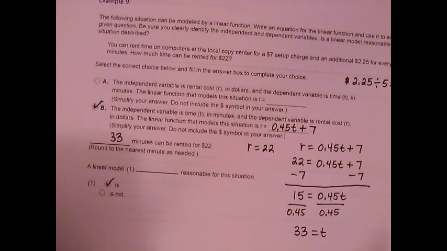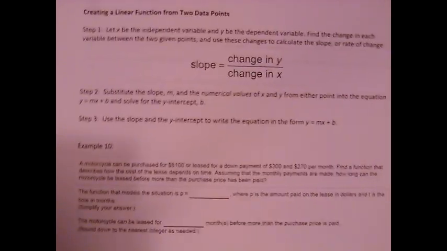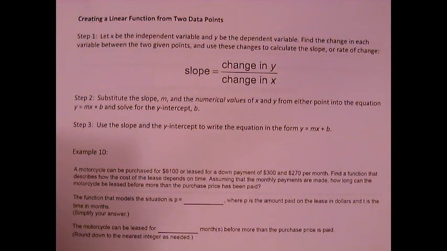Okay. Next we'll look at creating a linear function from 2 data points. In step number 1, you let x be the independent variable and y be the dependent variable. Find the change in each variable between the two given points and use these changes to calculate the slope or rate of change.